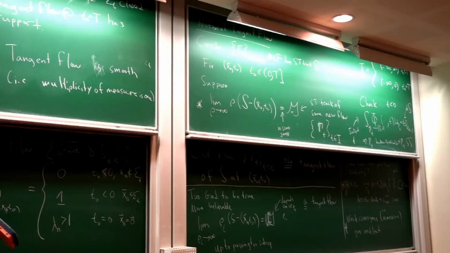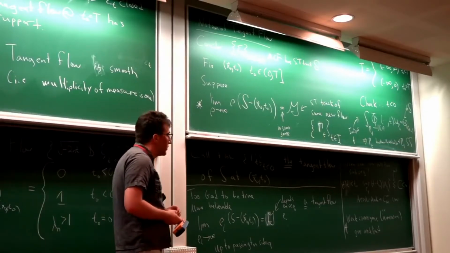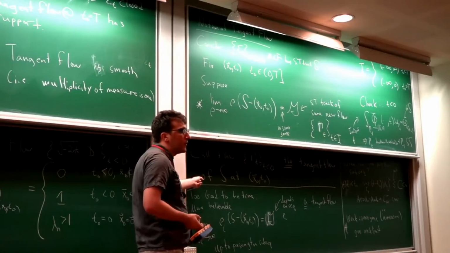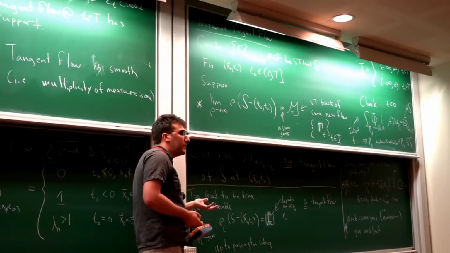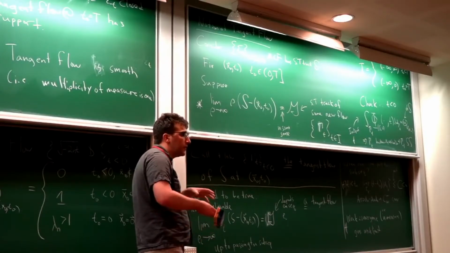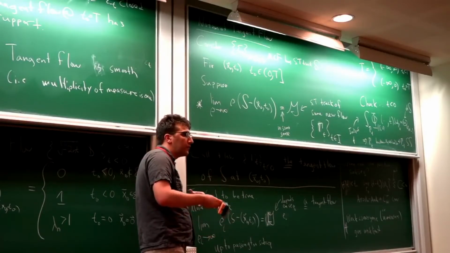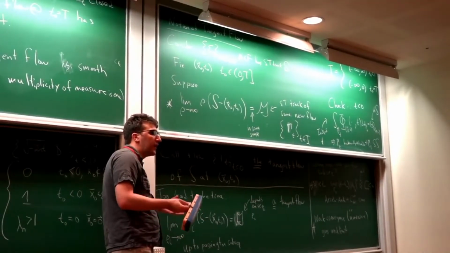As far as I know, there aren't examples, certainly not in Euclidean space. I would guess you could maybe find an example in a Riemannian manifold with a smooth metric that's not real analytic.